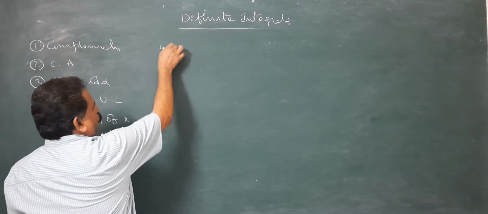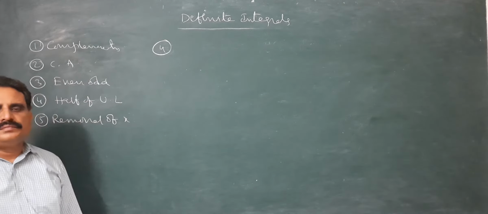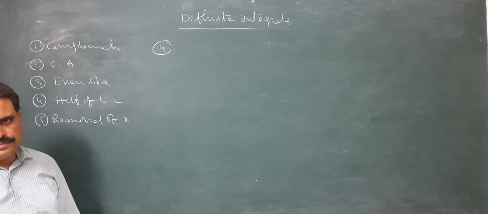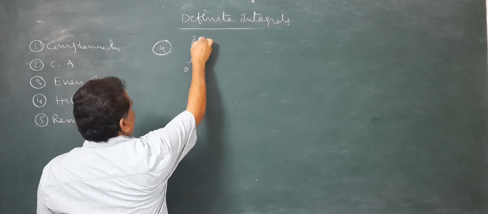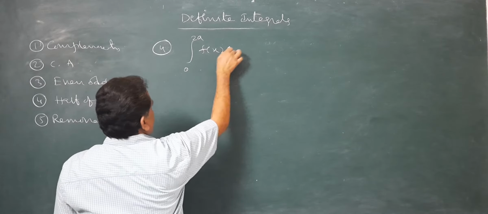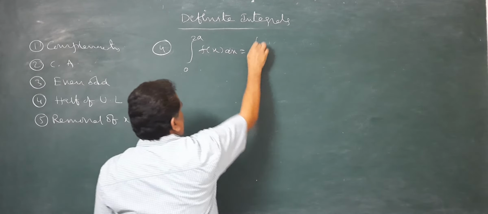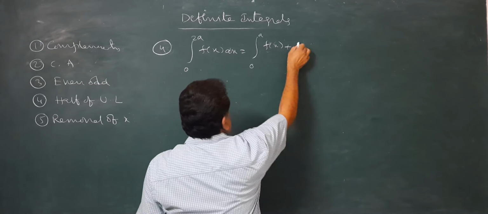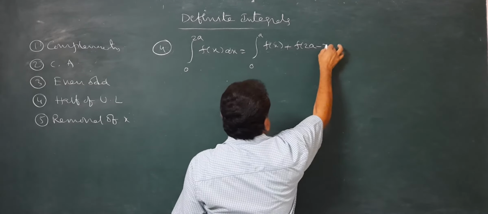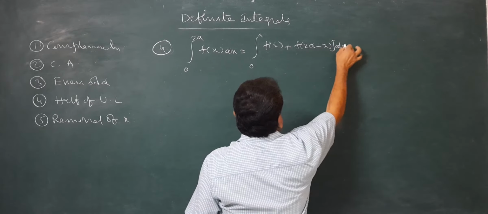Now we discuss the fourth point, that is half of the upper limit. The integral from 0 to 2a of f of x dx is equal to the integral from 0 to a of f of x plus f of 2a minus x dx.